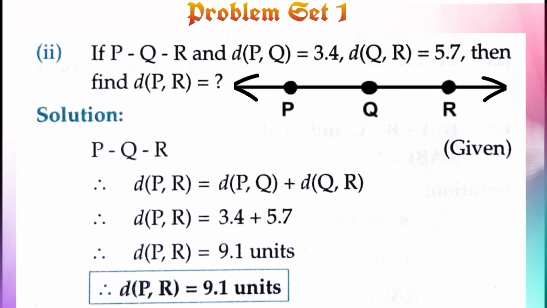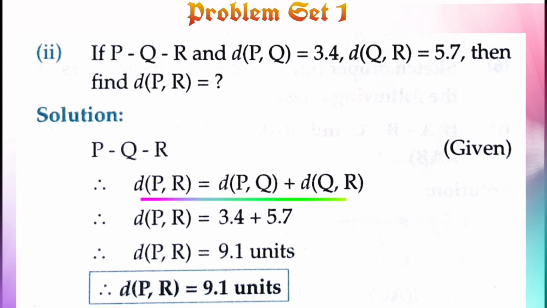So the distance between PR is equal to distance PQ plus distance QR.